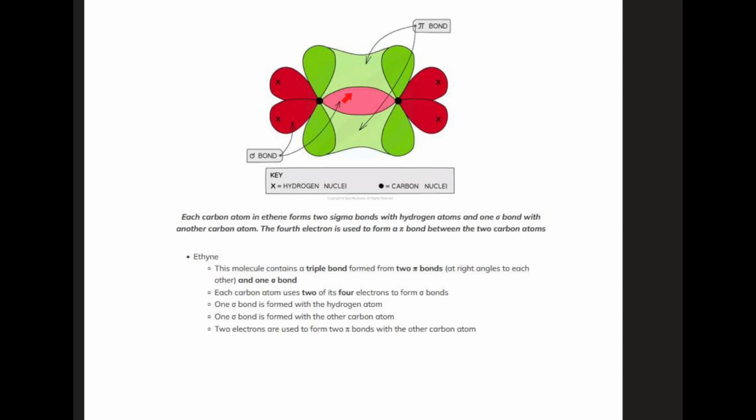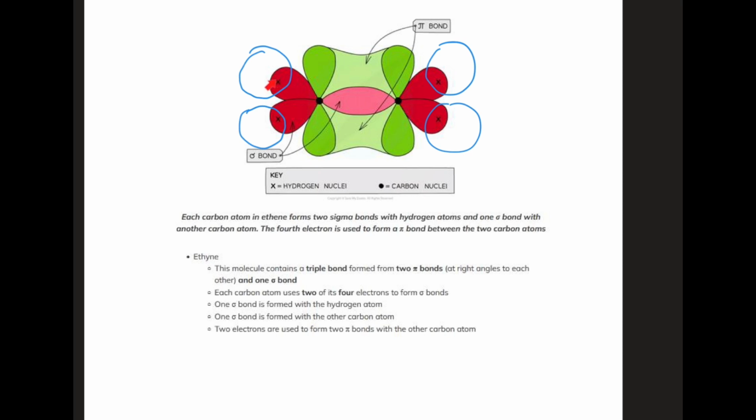This is 1 sigma bond. This is another one, another sigma bond. Hydrogen, hydrogen, hydrogen, and hydrogen. So this is the center where the carbon nucleus stays. This is another carbon nucleus. So 2 carbon nuclei.